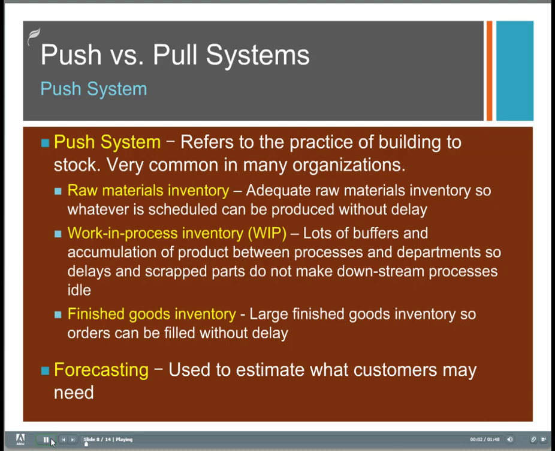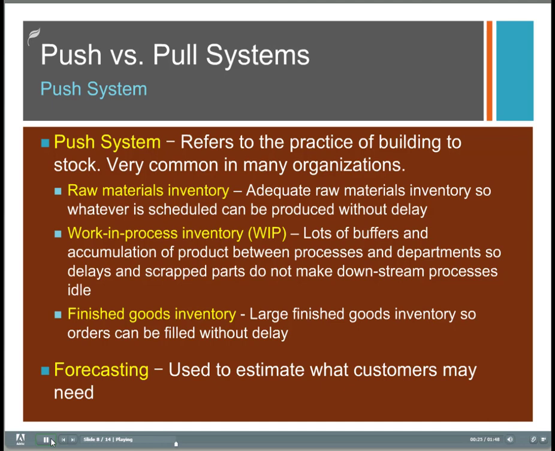In any conversation about lean, it's essential that we first define what a push versus pull system is. A push system refers to the practice of building to stock, and that's very common in many organizations. I know when I worked at General Motors, I would characterize us at that time as a push system.